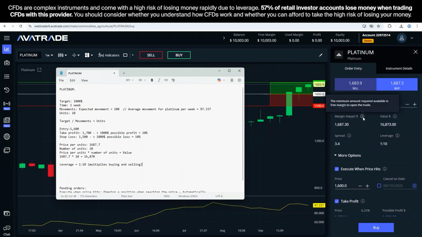So this is the margin, the interpretation of what's available for us in our account, multiplied by the leverage. In other words, if I divide my value by the leverage, I know my actual needed amount. So value divided by leverage equals margin impact, which is the necessary amount to open the position.